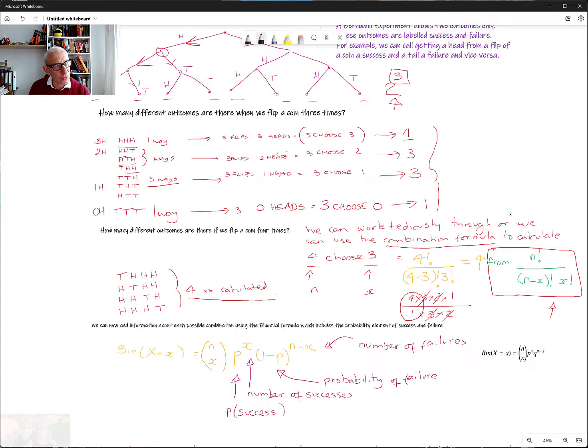Now, with flipping a coin, it's fairly straightforward. We're assuming that the coin itself is fair. The probability of a head is 50%. The probability of a tail is 50%. So when we actually work out the total probability for a particular thing, if you imagine going back to the top here, a success in this case is 50%, another success is 50%, and another success is 50%.